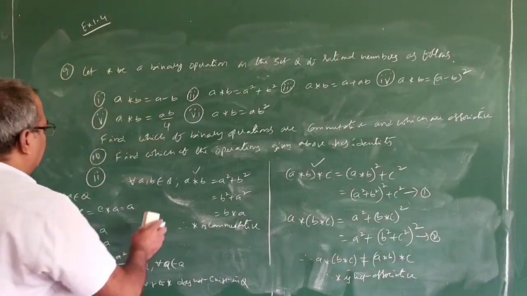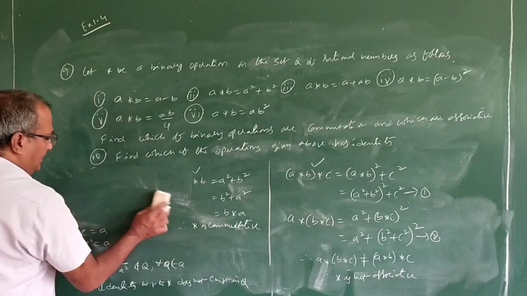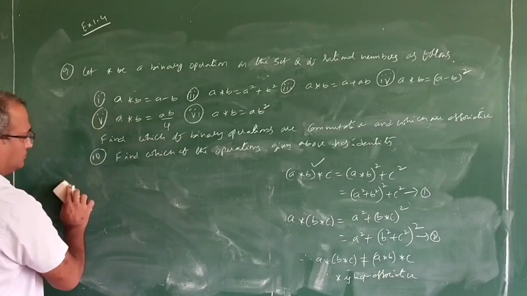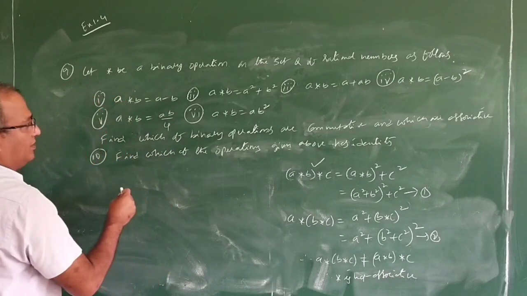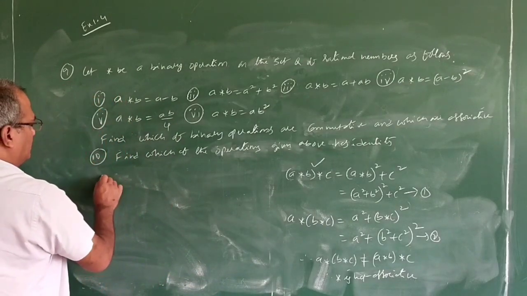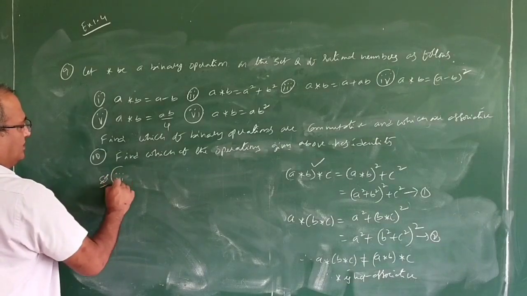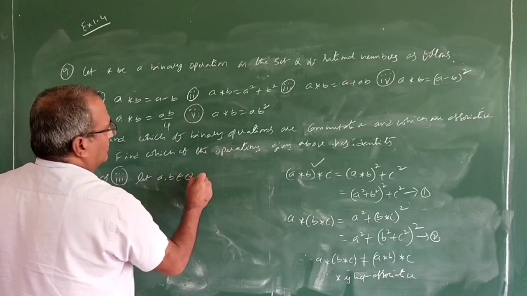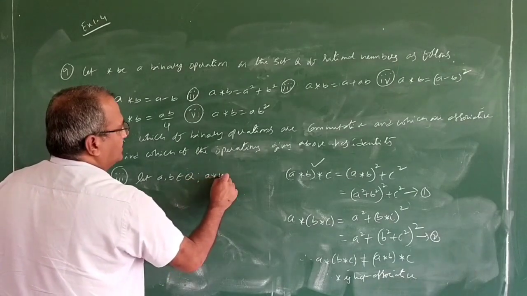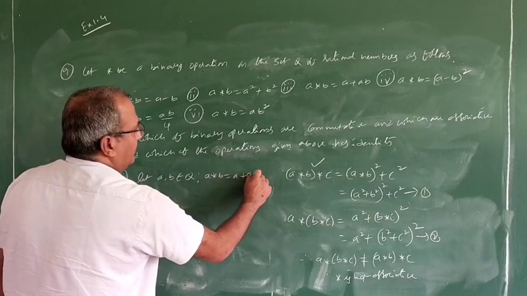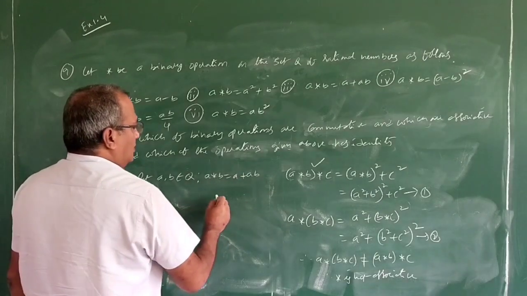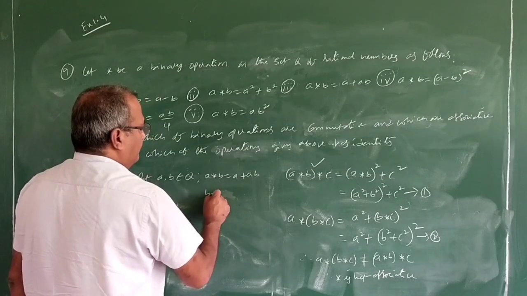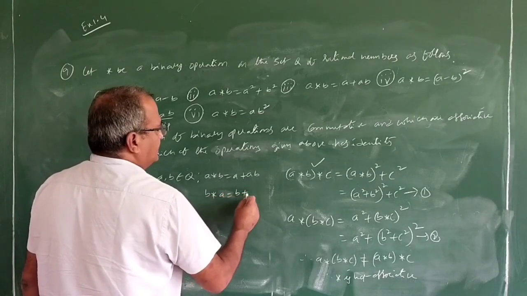See the third problem. Whenever identity comes, you have to check like that. Third problem solution. Let A, B belongs to Q. A star B is given as A plus AB, which is not equal to, now B star A, we can rewrite as B plus BA.